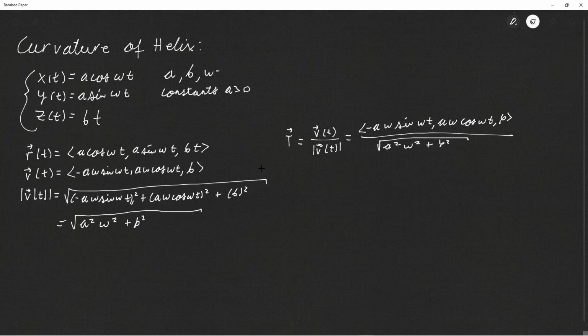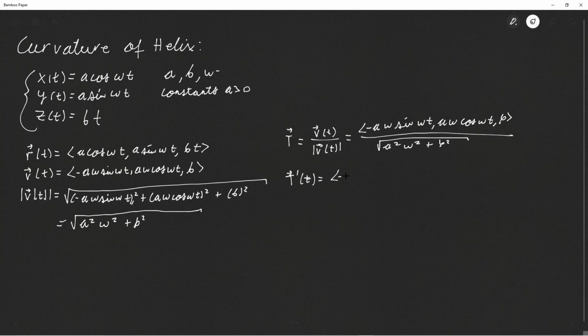So now to find our curvature, we're not going to be working in the regular tangent. We need to be working in the derivative of the tangent. So we need to find T prime of t, and since we're finding it with respect to t, we can just take out the denominator since nothing there is with respect to t, and then only focus on the numerator.